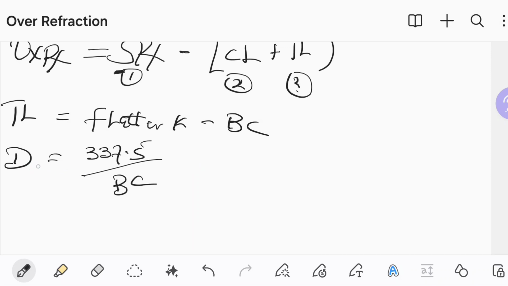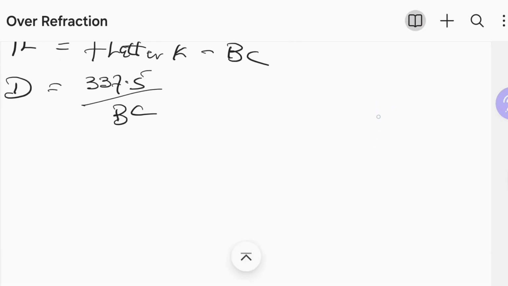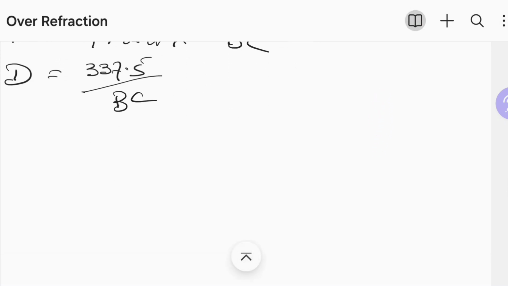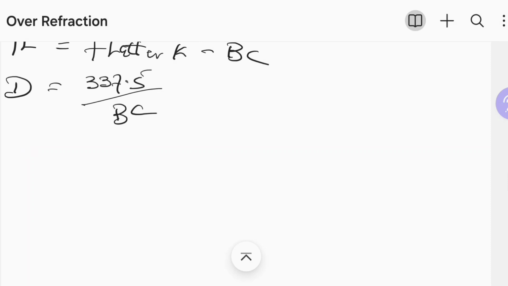So if we convert our base curve to diopters, we'll be able to subtract it from the flatter K, and we know our flatter K here is 40.50. So let's convert our BC to diopters.